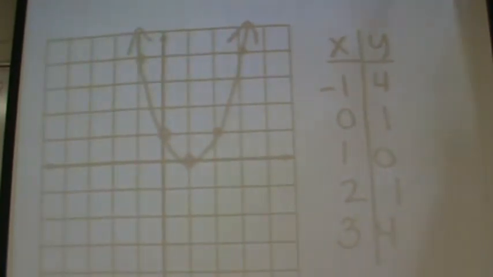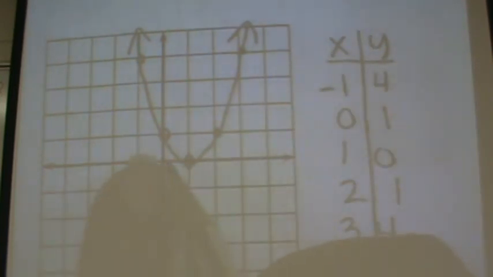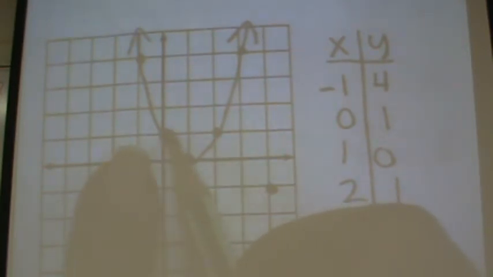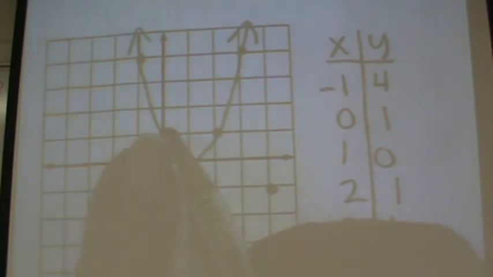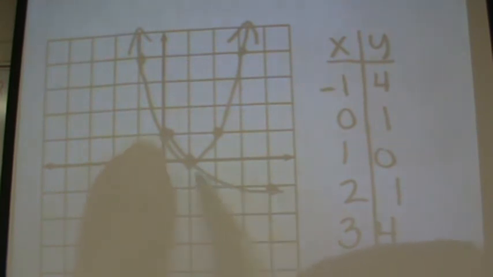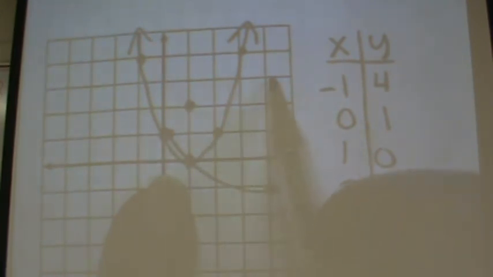So if we switch all these, we have (4, -1), (1, 0), (0, 1), (1, 2), and (4, 3).